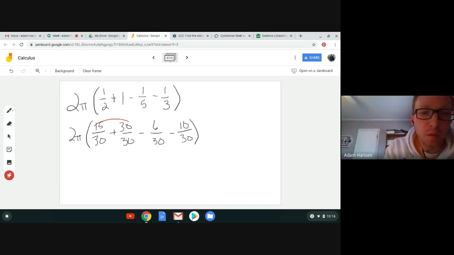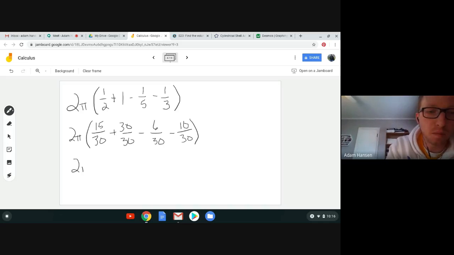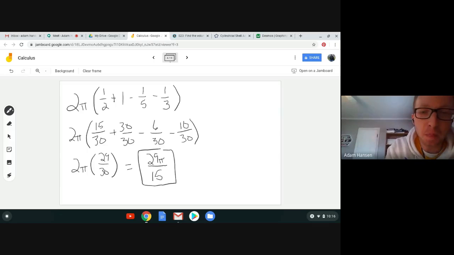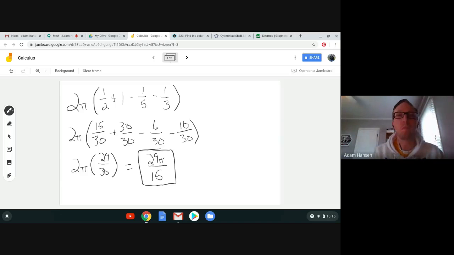That's going to be 45 minus 16 to make 29/30. Multiply those together and it's going to be 29 pi over 15. Any problems there, ladies and gents?